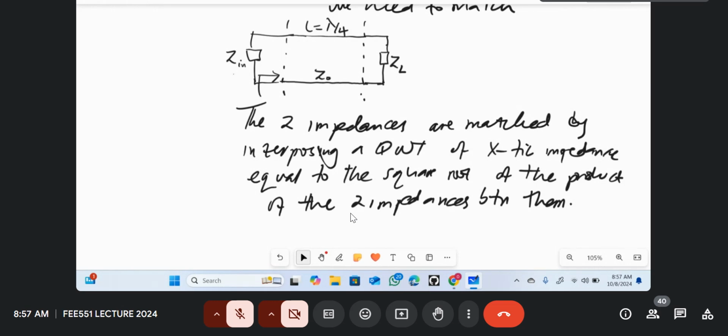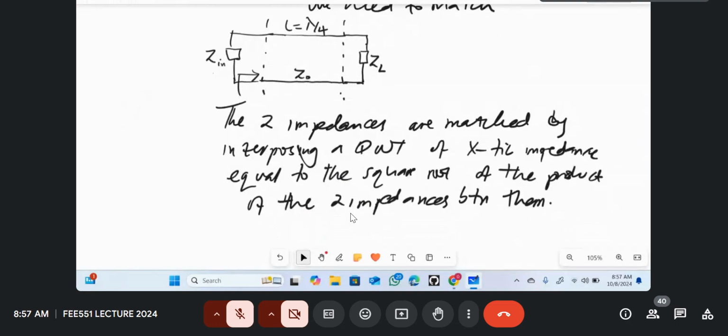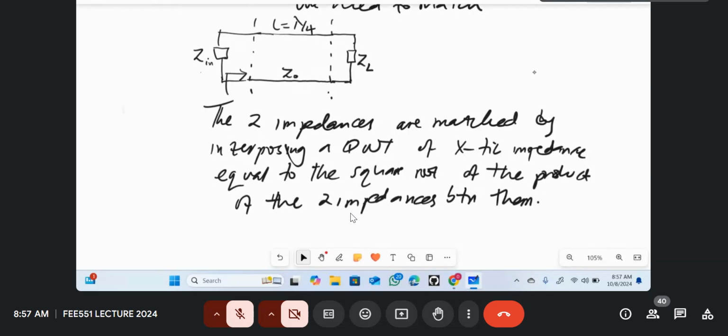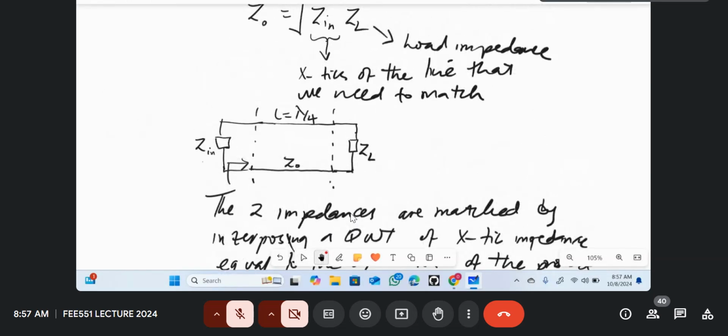And as I said, the impedance can represent either circuits, transmission lines, or maybe the generator impedance, so any impedance from that side.